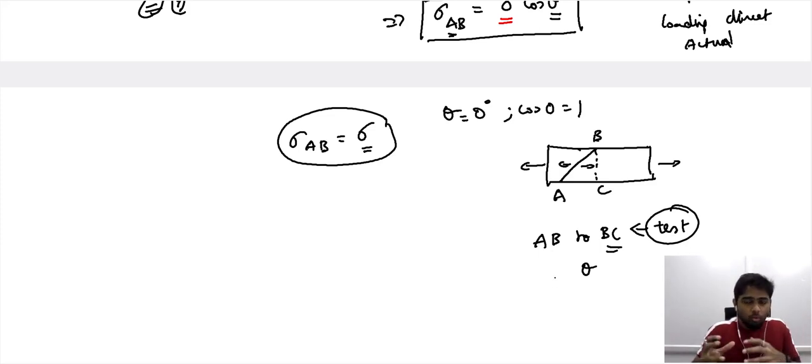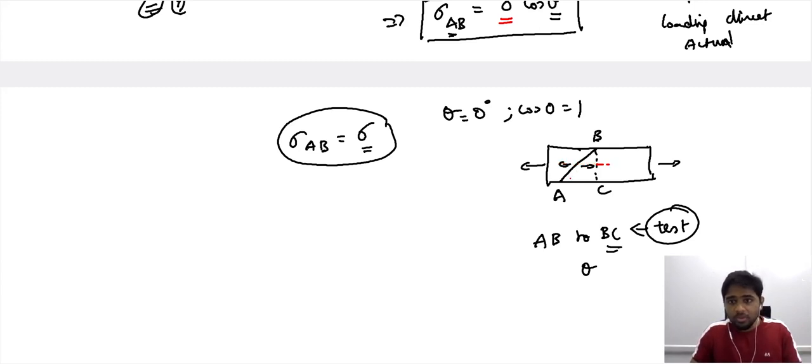The consequence of this inclination is that the normal to BC, the perpendicular to BC, coincides with the loading direction. Let me repeat: when you compare BC with AB, the region of our interest, the normal of BC coincides with the loading direction.